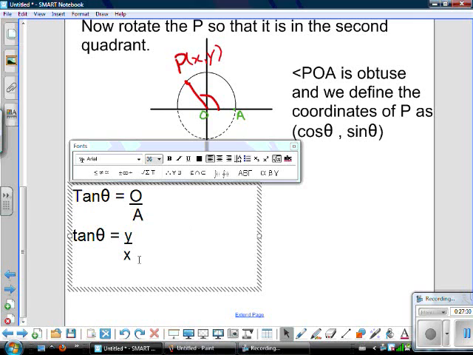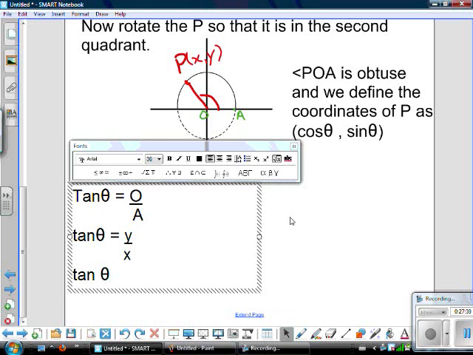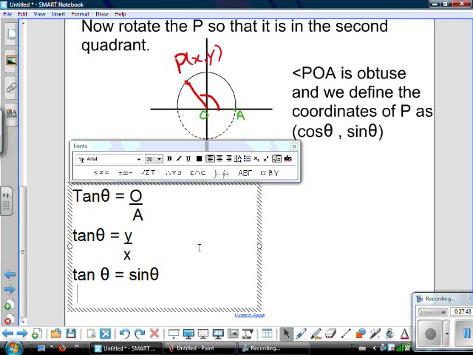So really, even further, we can say that tan theta equals sine theta over cos theta.